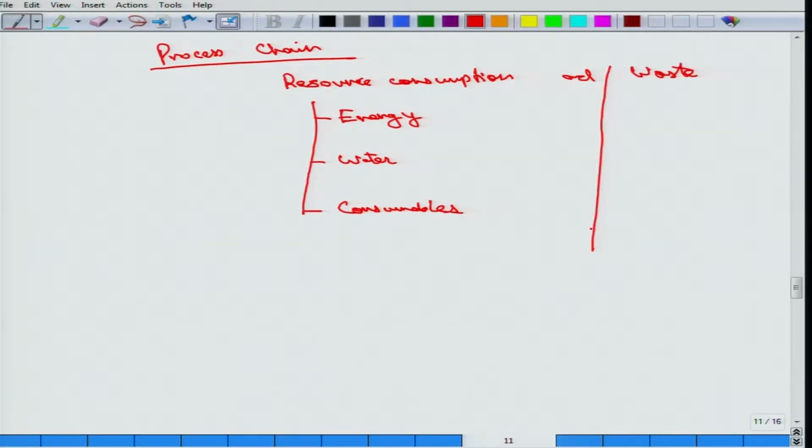This waste is carbon dioxide, then solid, liquid and air waste, then energy conservation. I am putting it in energy conservation in this waste category only.